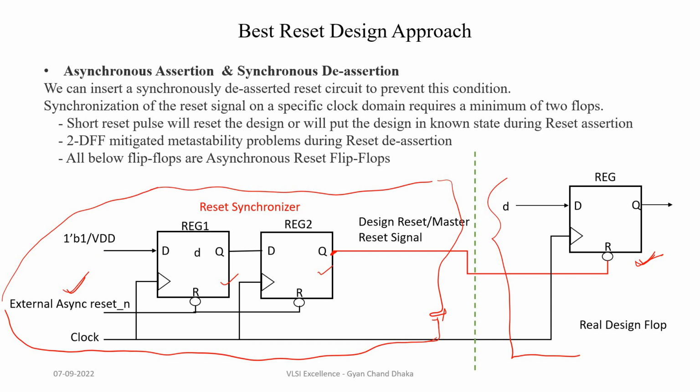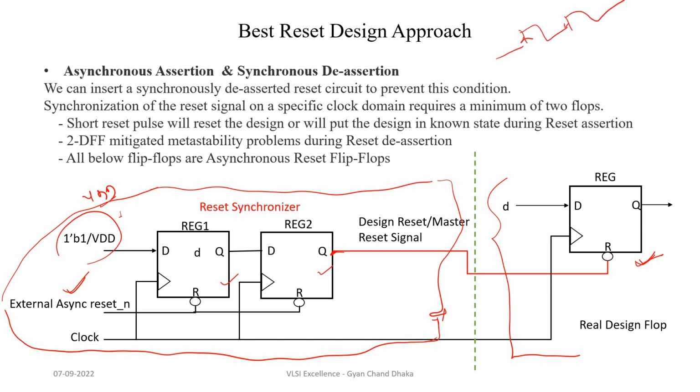But when the reset deassertion happens, the input of this flip-flop is 1, or basically it is tied to VDD, and the input of the second flip-flop is tied to the output of the first flip-flop, and then the output of the second flip-flop will go to all the reset pins of the design flip-flops. So let's consider two scenarios.